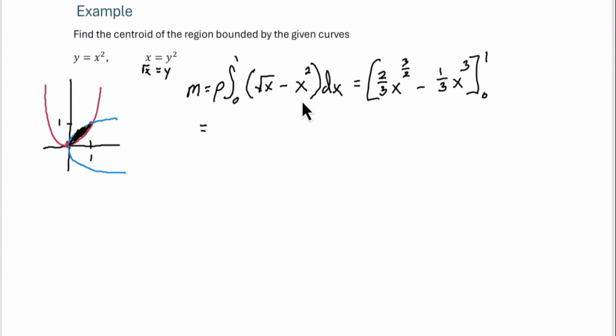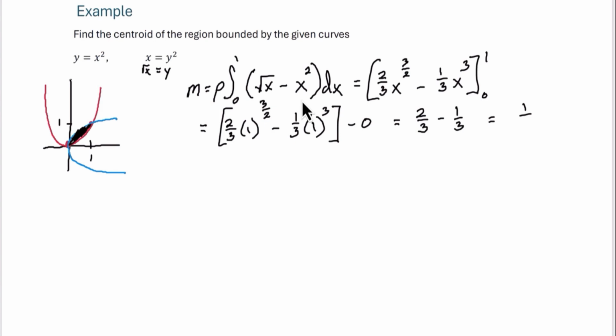Plugging in the upper limit, 2/3 times 1 raised to the 3/2 minus 1/3 times 1 cubed. And then if we plug in the lower limit, we'll just get 0, so we're basically subtracting 0. This will give us 2/3 minus 1/3, which is 1/3. I'll make note of this so we can use it later.